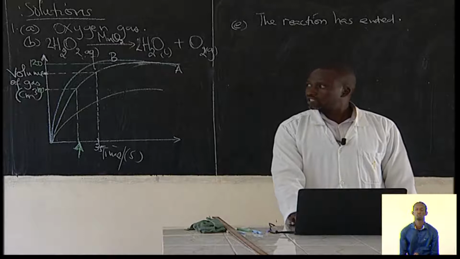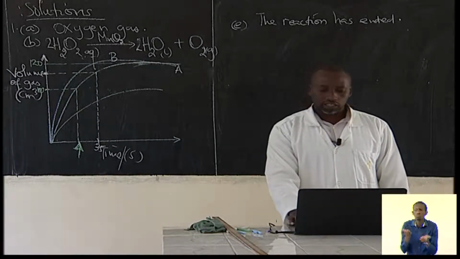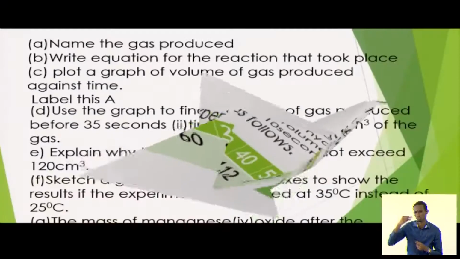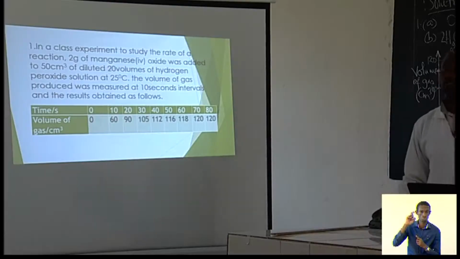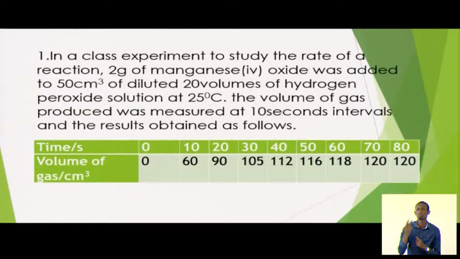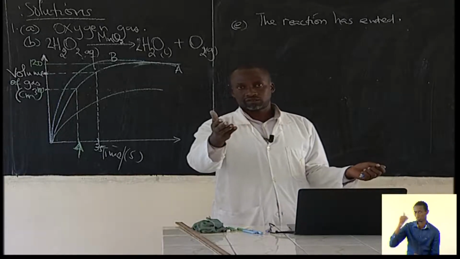So why is the mass of manganese IV oxide remaining constant? This is the mass of manganese IV oxide that we started with. 2 grams of manganese IV oxide. And at the end of the reaction, the mass remained constant. Why? Manganese IV oxide is a catalyst.